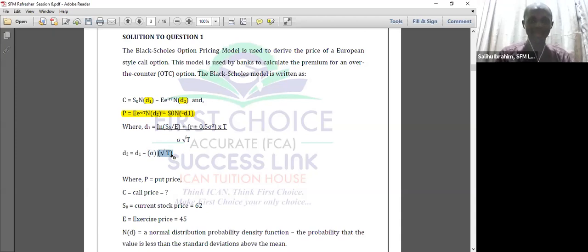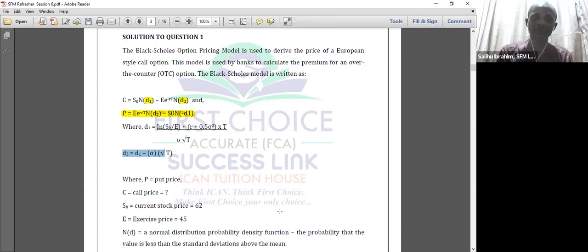T is your time to expiry of the option. Okay, so that will give you your D2. When you are done with D2, then you need to go and calculate ND1 and ND2, which I'm going to show you how to calculate.